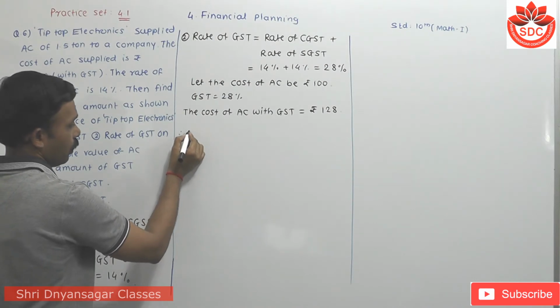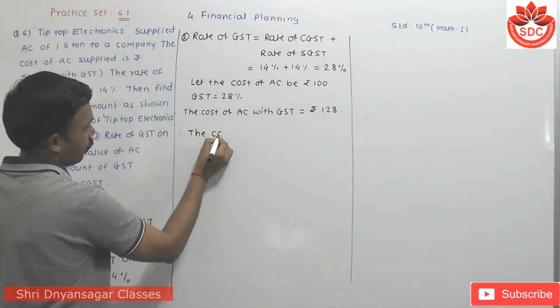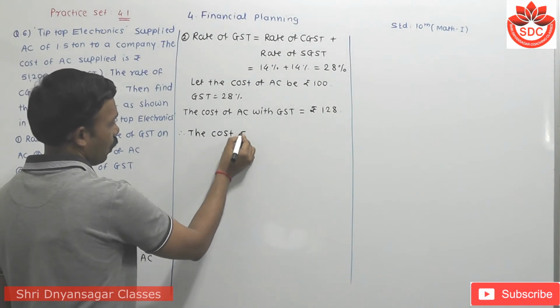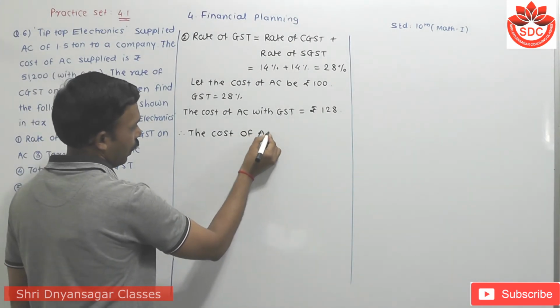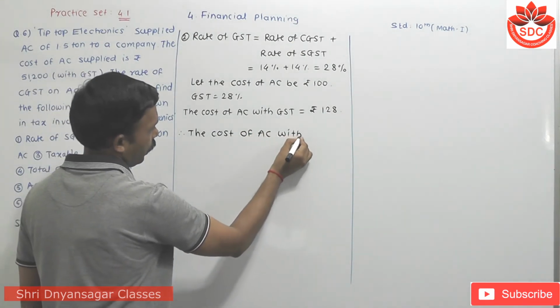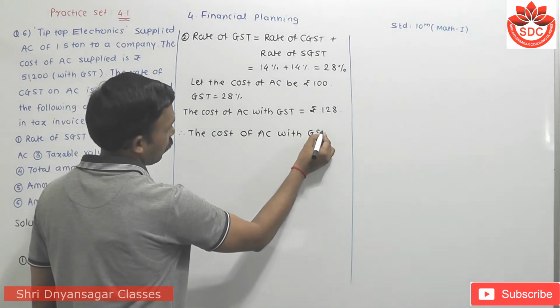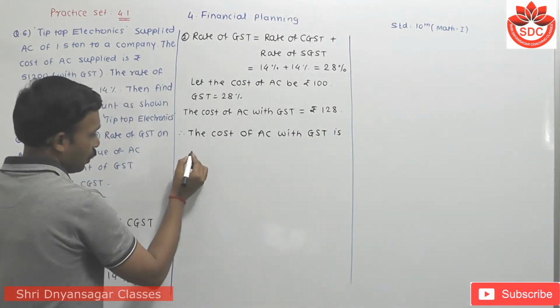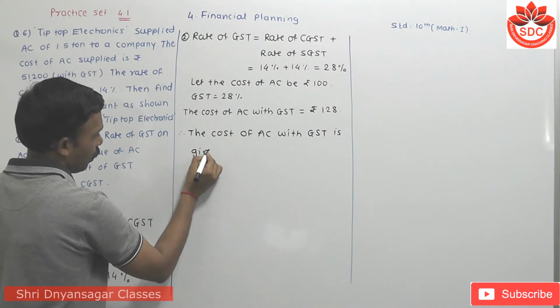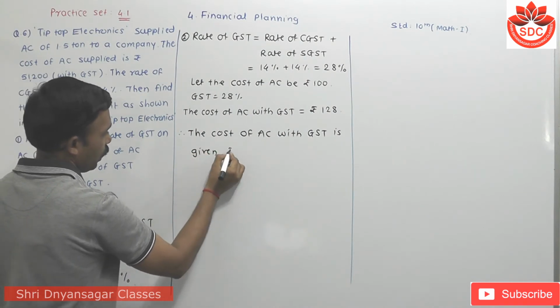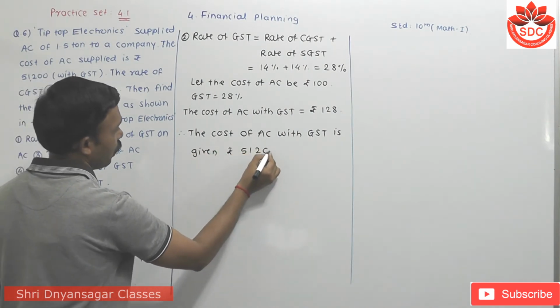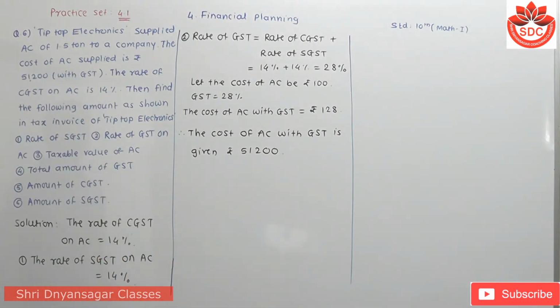Therefore, the cost of AC with GST is given rupees 51,200. This is with GST here.